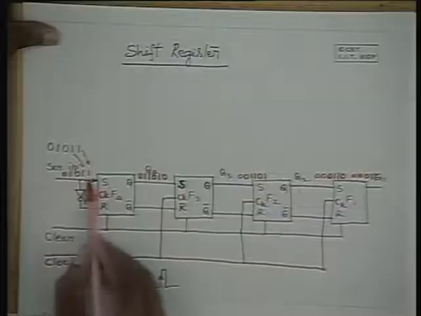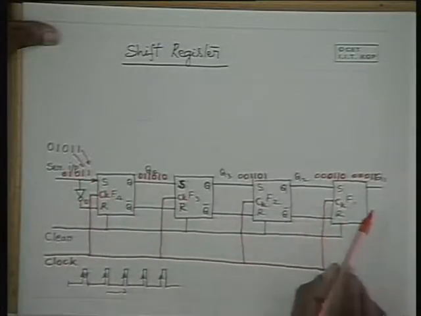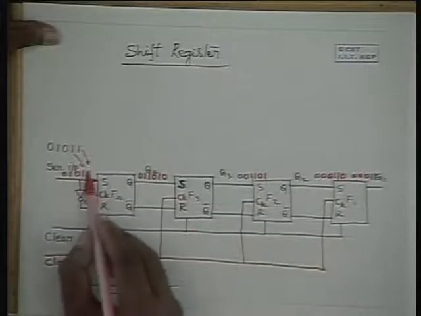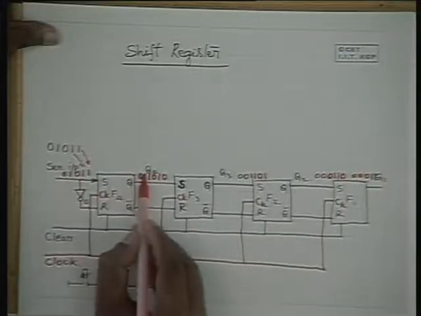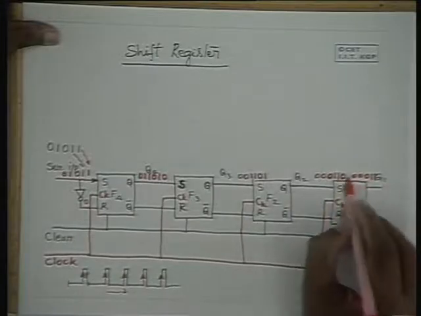And whatever is the serial data, it gets shifted like this. I just now talked about the first bit. Similarly, the second bit also follows. Hence, the first bit which goes after one clock pulse here will go after 4 clock pulses to this place.